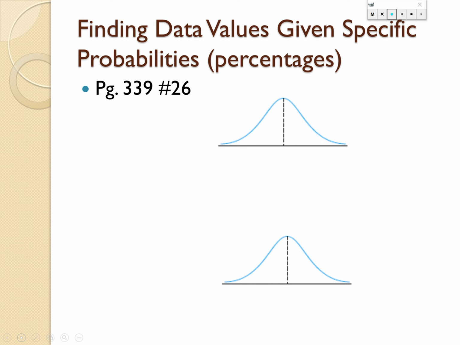So now we're given the percent, and we're told it's the top 3%. So what will that look like for us? Let's write down the information that we know for Part A. We know the mean is 400. We know the standard deviation is 100.